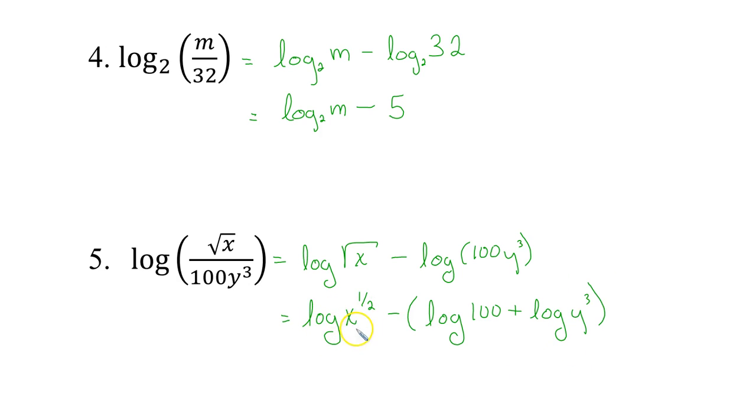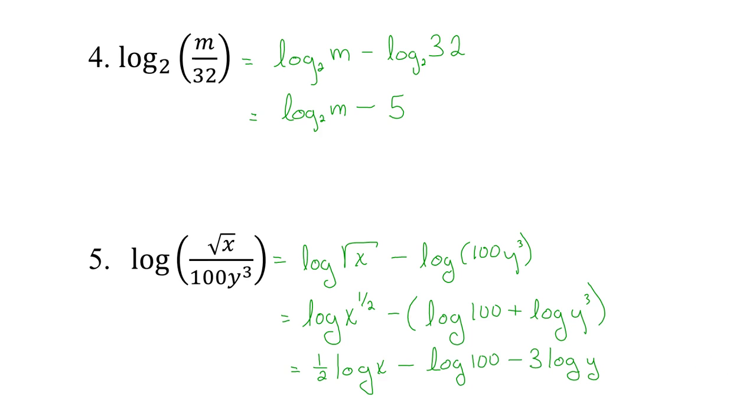The log of x to the 1/2. Now we're going to use that power rule and make this a product. So I have 1/2 the log of x minus the log of 100, which we will simplify, minus, I have a power here, so this is going to be 3 times the log of y.